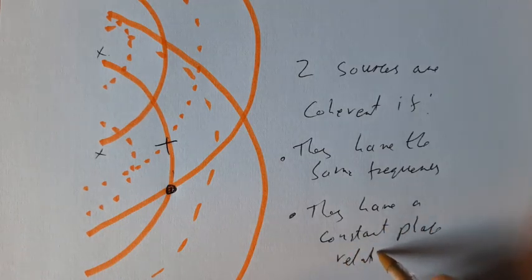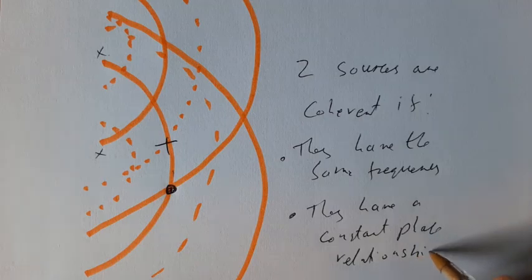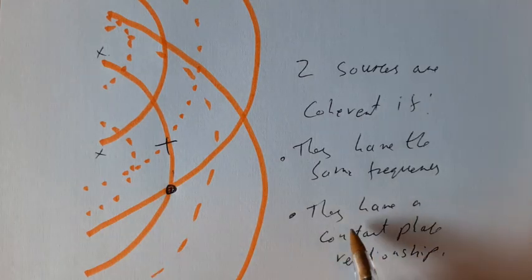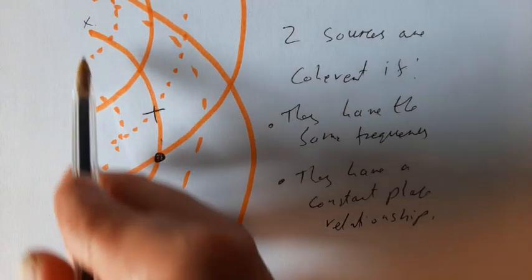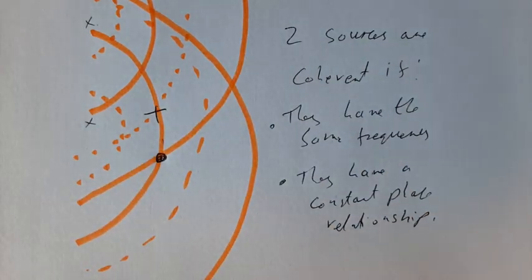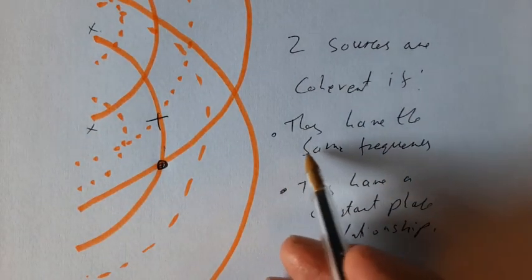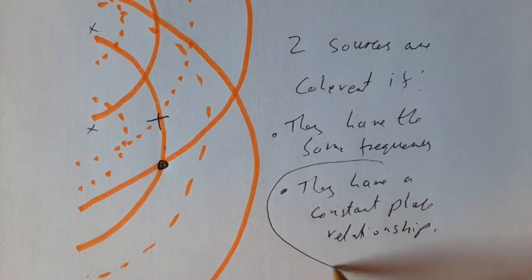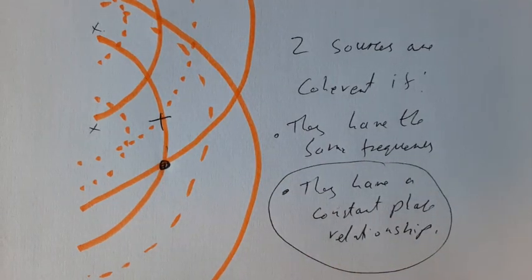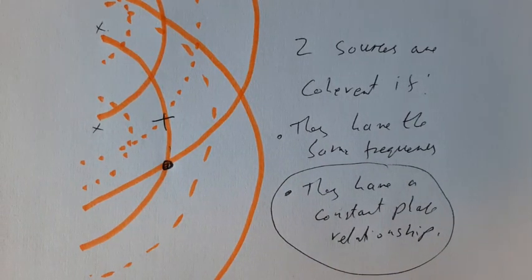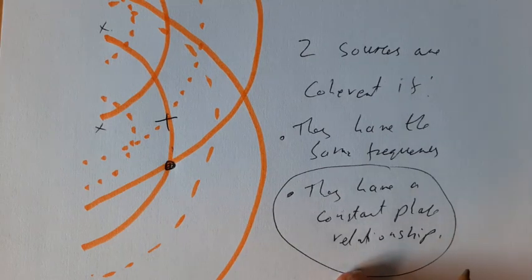Now, if you really think about it, if they've got a constant phase relationship, if the phase relationship between the two is pi radians, they're constantly out of phase, then they have to be the same frequency. So this is really the important one for defining coherence of two sources.